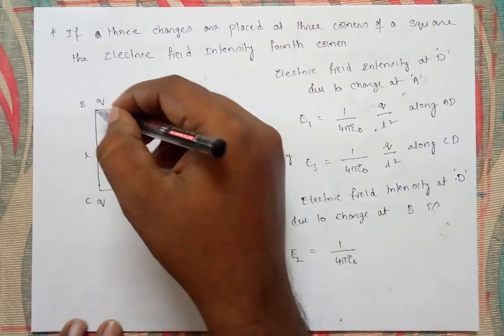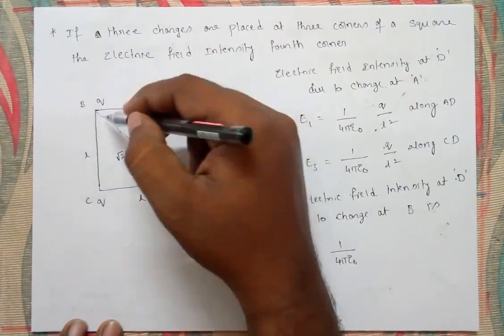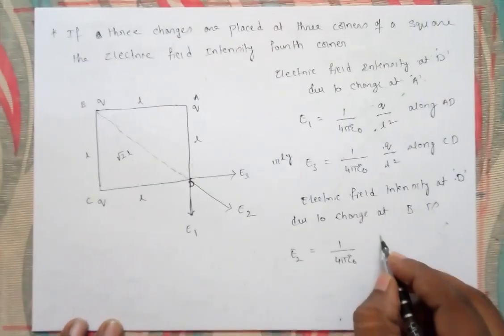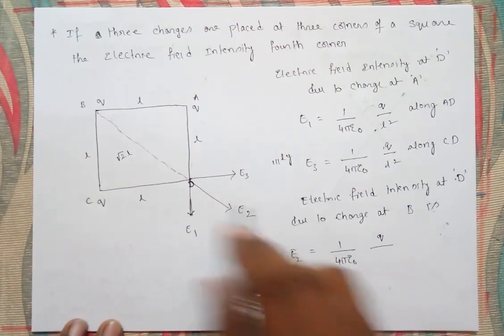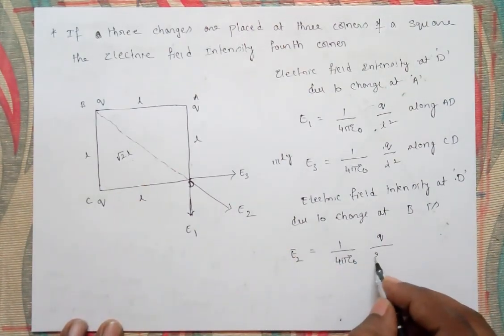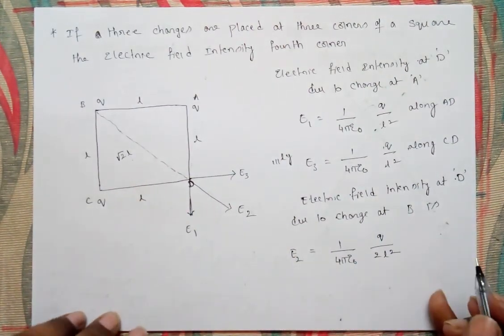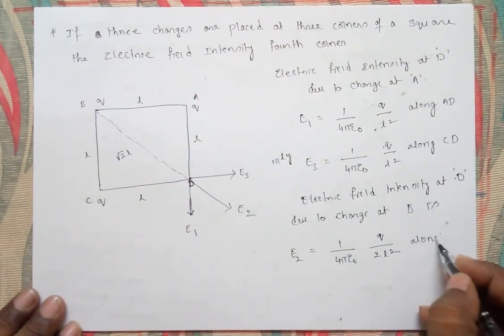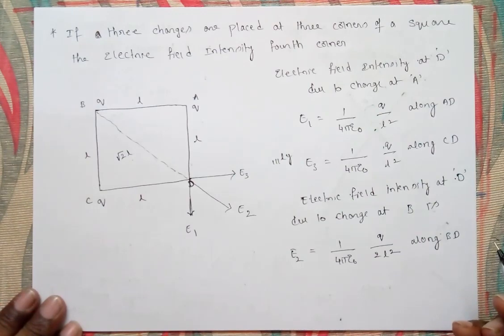Here, due to the charges, only the distance varies. These two distances are L, but in this case the distance is root 2 L. So we have Q by root 2 L whole square, in the sense 2 L square, along BD. Now you understand.